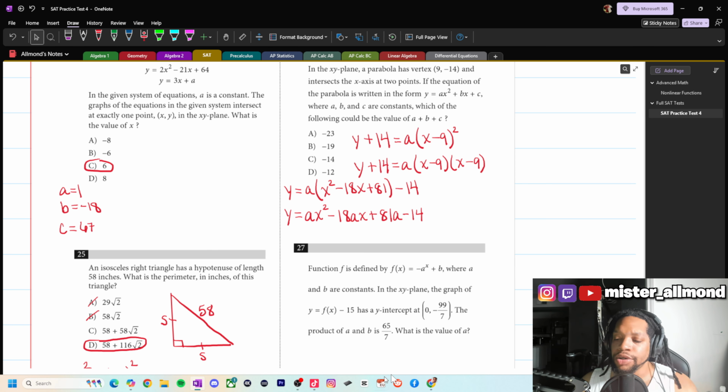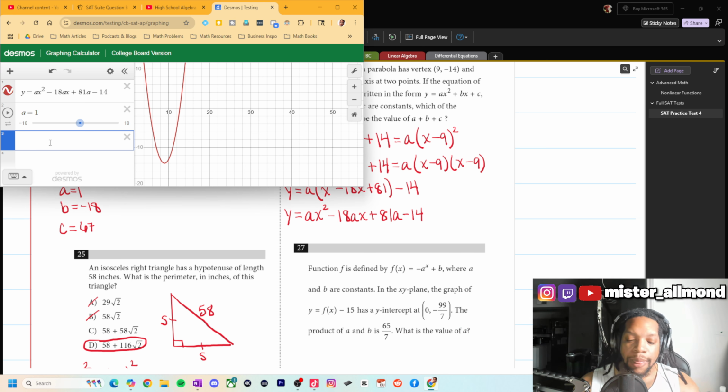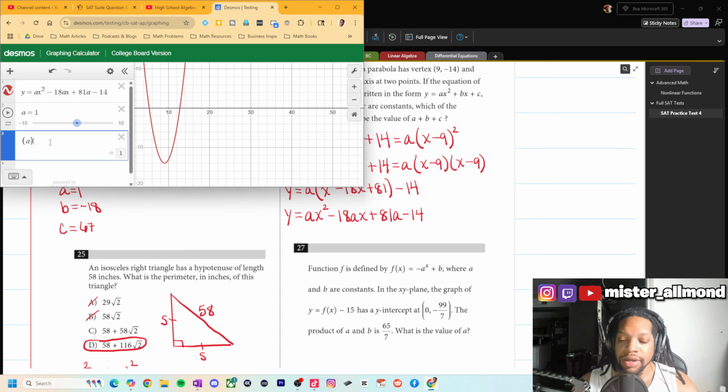Okay, so here's what I'm going to do. I'm going to try to come up with expressions for A, B, and C, all in terms of A, and then use that to see if I can get one of these answer choices. So I'm adding A, which is A, obviously, and then B we said was -18A, and then we said C was 81A minus 14.